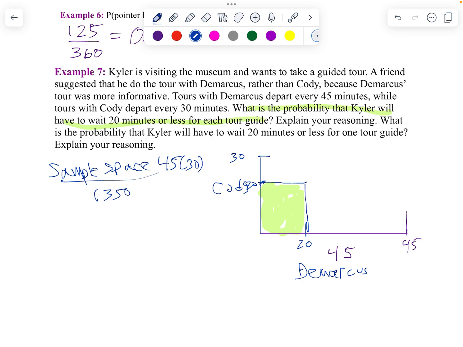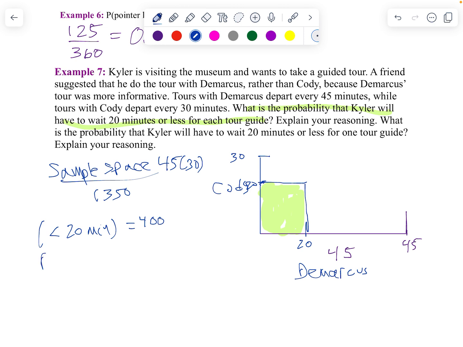Now, my favorable outcome for less than 20 minutes, I'll say less than 20 minutes, and that would be 20 times 20, which is 400.